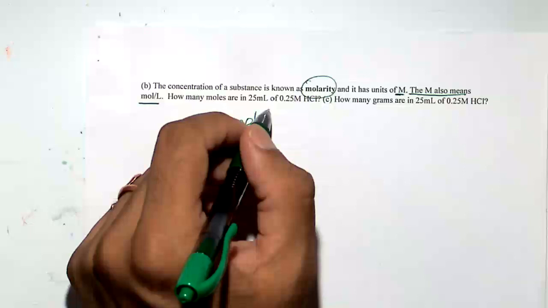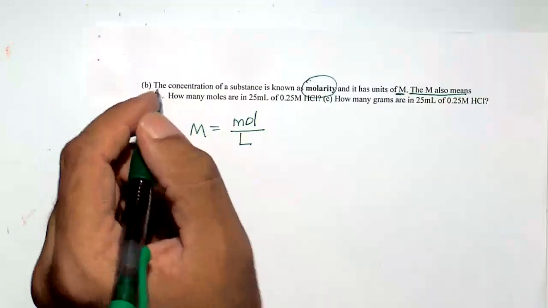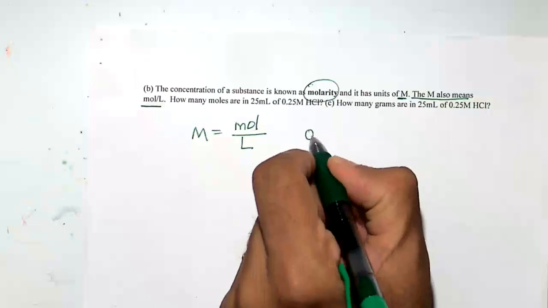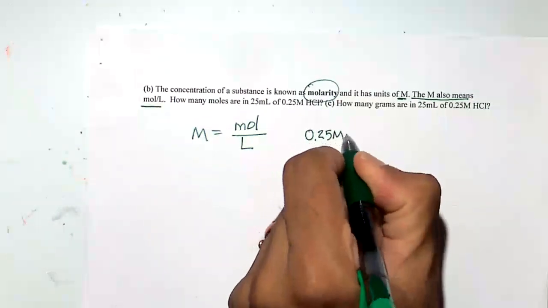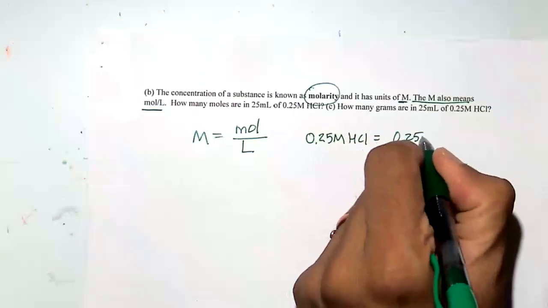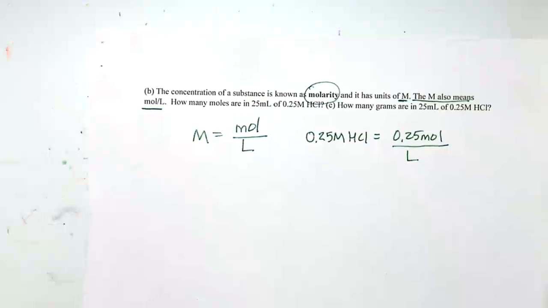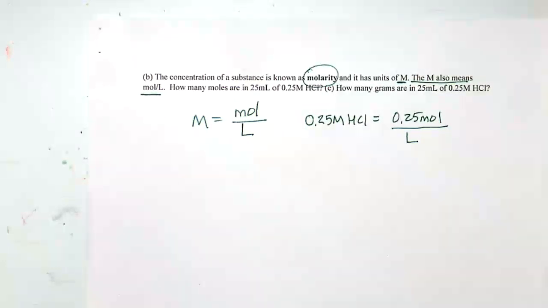How many moles are in 25 milliliters of 0.25 molar HCl? So what does 0.25 molar mean? It means 0.25 moles over a liter.